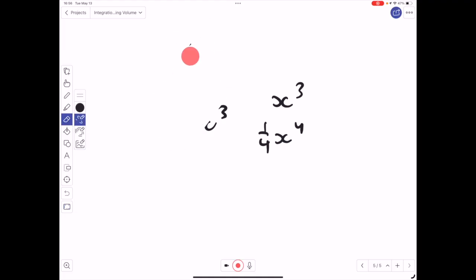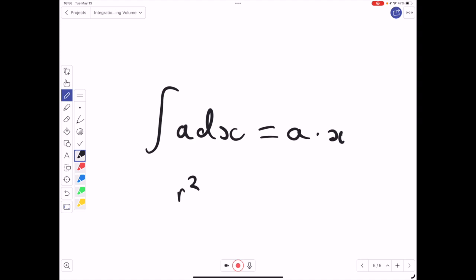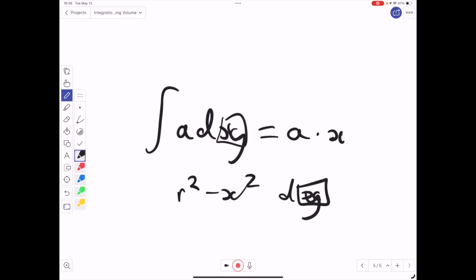As I already mentioned, when you have the integral of a dx, this is equal to a times x. So when we had r squared minus x squared, and then dx, since we're using x, we just multiply by x. If it's y, then this becomes y and this becomes y. So this is r squared x.